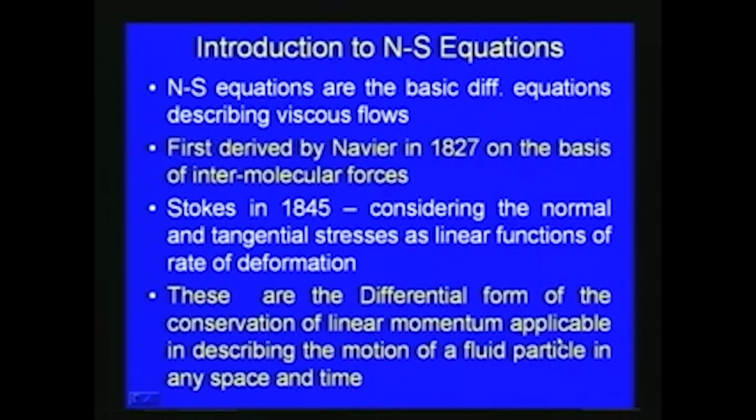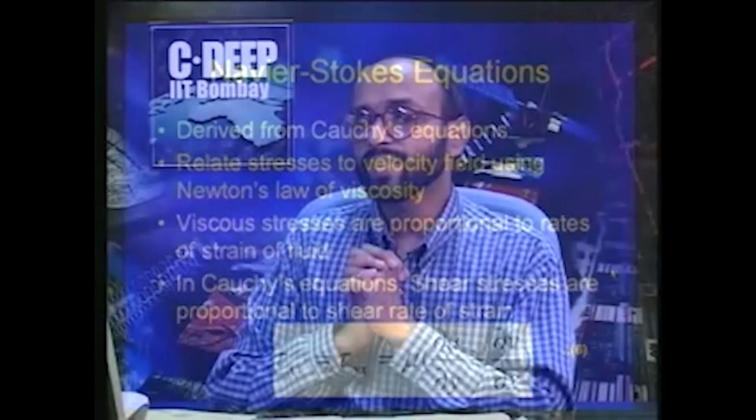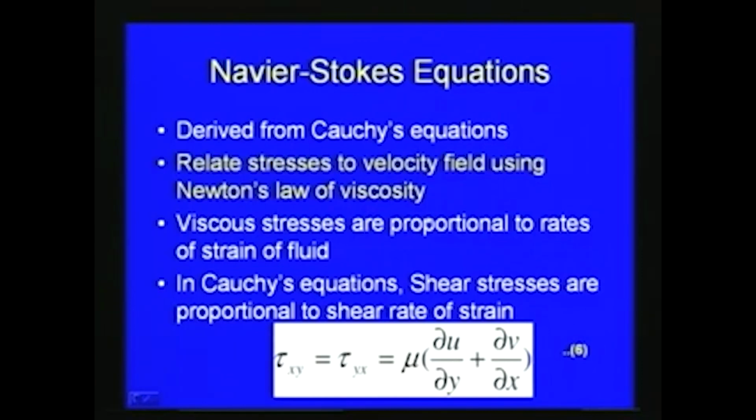So, what we do for the Navier-Stokes equation is try to represent these stresses, either normal stress or shear stress, in terms of the velocity components by utilizing Newton's law of viscosity, or the stress-strain relationship. We relate the stresses to the velocity field using Newton's law of viscosity, where viscous stresses are proportional to rates of strain of fluid.